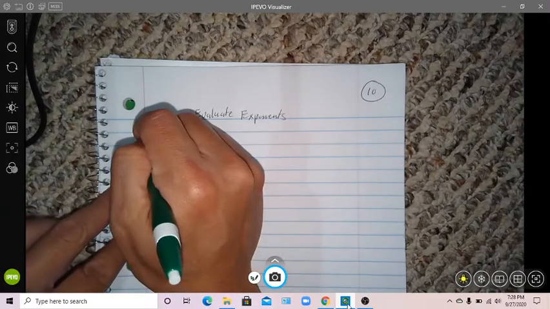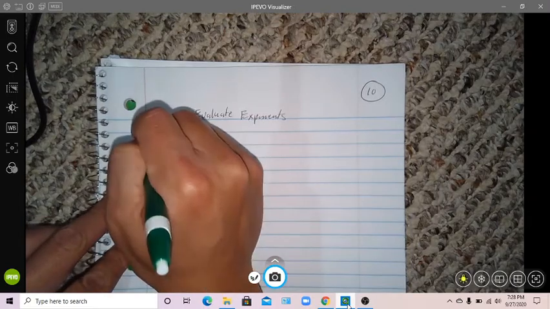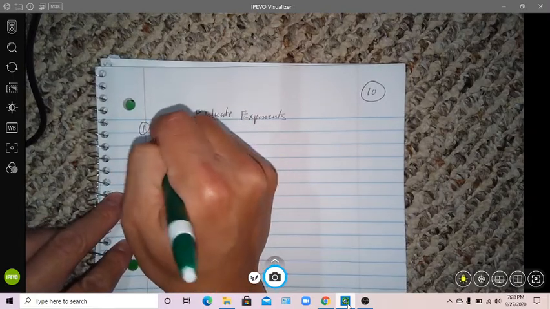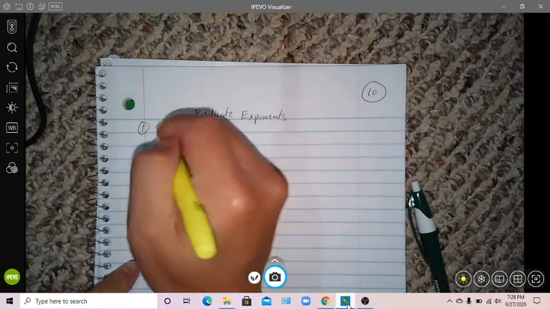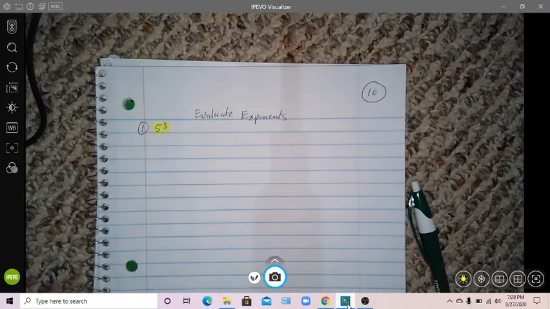Alright, so here's the first example, 5 to the third power. Okay, so IXL will give you a base of 5 and an exponent of 3, right? So the exponent, just like we saw last time, it's written small. So 5 to the third power.